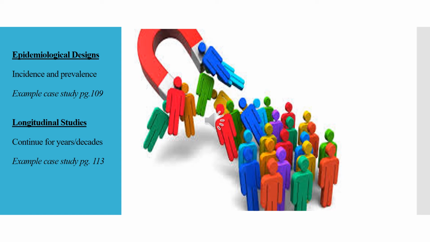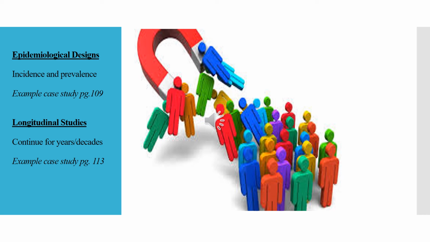Cross-sectional design versus prospective longitudinal designs. In cross-sectional designs, the information or data is collected usually one time and all together from the sample or the group of people that's being studied.